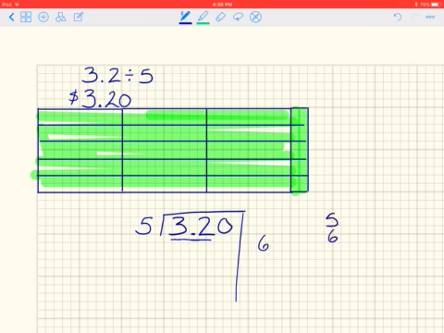So 5 times 6 is 30, but I don't really want 30, I want 3. So if I move this decimal here, 6/10, now I have 30/10 or 3. So I'll make this be 6/10.